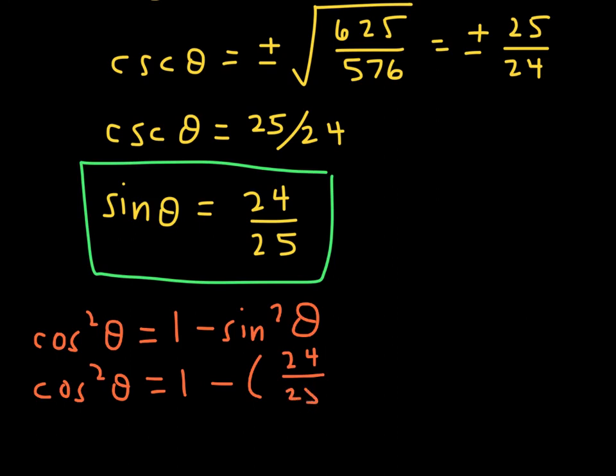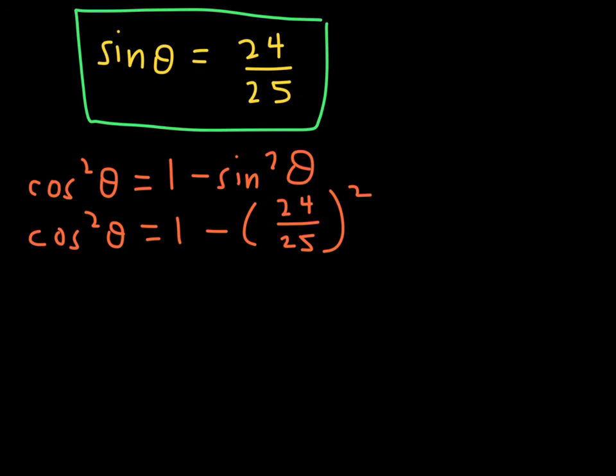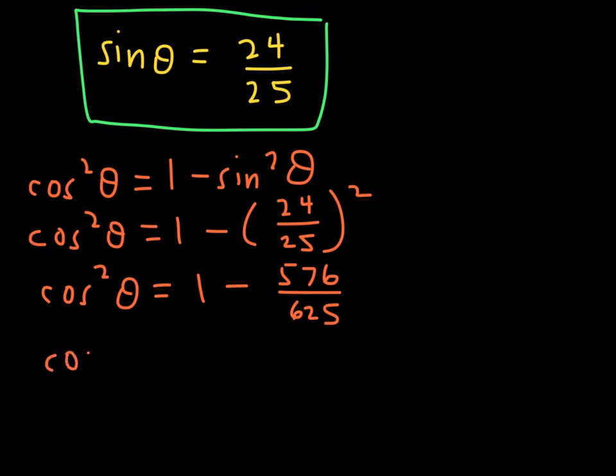Don't forget, you have to square this according to the identity. So then we have cosine squared of theta is equal to 1 minus 576 over 625. Remember, the number 1 can be rewritten as 625 over 625, which would lead you to cosine squared of theta is equal to 49 over 625.